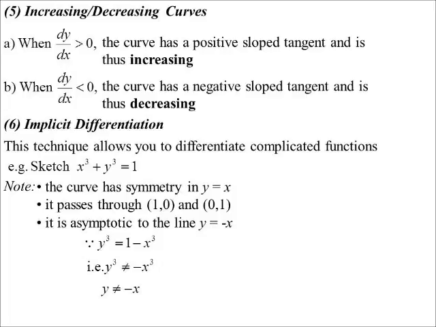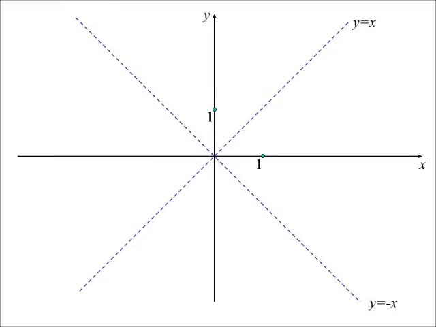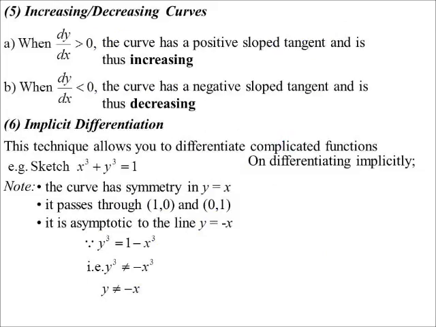So if it's always 1 minus x cubed, then it can't equal minus x cubed. Now, if y can't equal minus x cubed, y can't equal minus x, that's going to be an asymptote. So, not easily picked up, but there you go. So there we go. There's y equals minus x. That will turn out to be an asymptote.